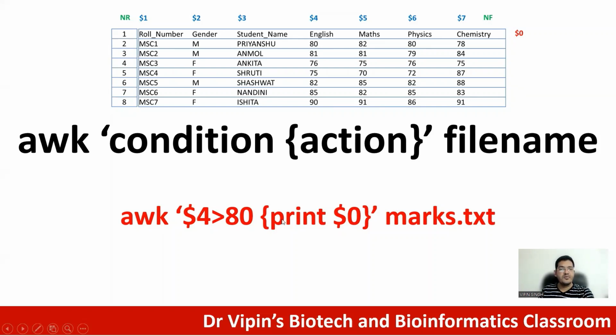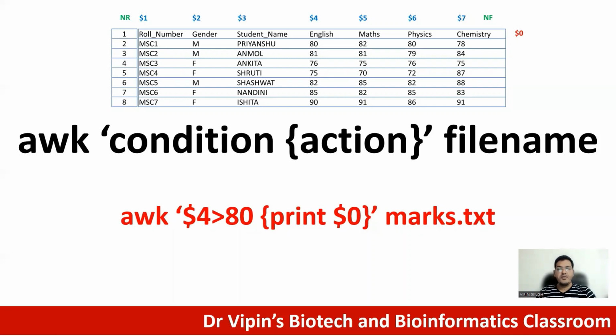So in this case, you want to print the entire line. So you say {print $0}. Then you close your curly brackets, close the inverted comma, and then mention marks.txt, the file name that you want to read. So these are two basic syntaxes. There is one more syntax of BEGIN and END, which we'll talk about in the next lecture.